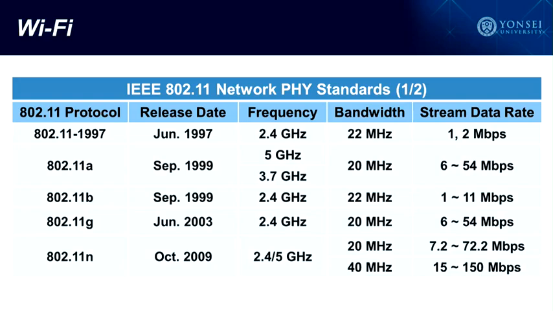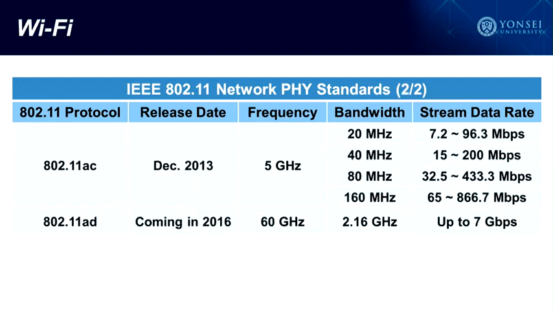And this used the 2.4 and the 5 gigahertz range. And basically, you could go up to much higher data rates. You could reach up to 72.2 megabits per second, or you could go up to 150 megabits per second based upon which frequency band you were using, whether you were using the 2.4 or the 5, and the available bandwidth would determine the maximum data rate that you could go up to.